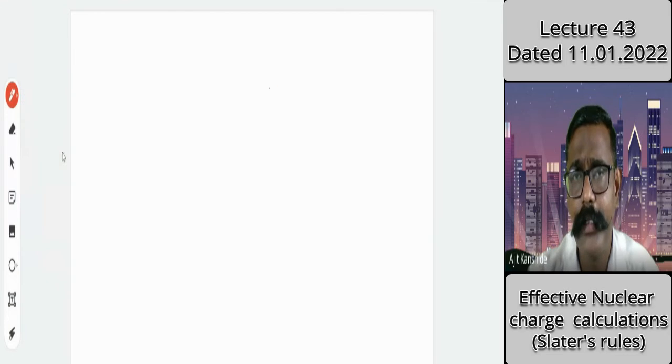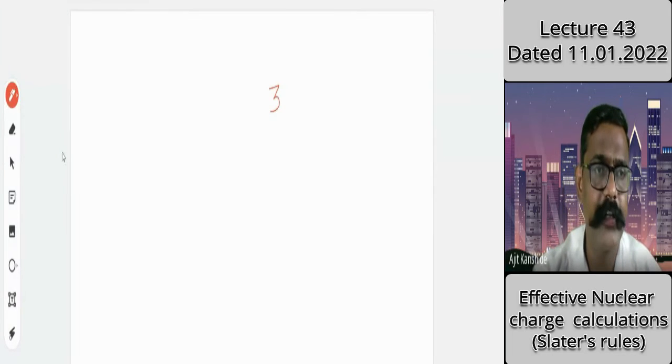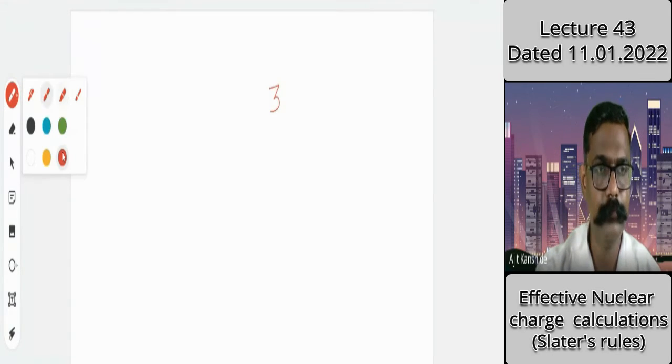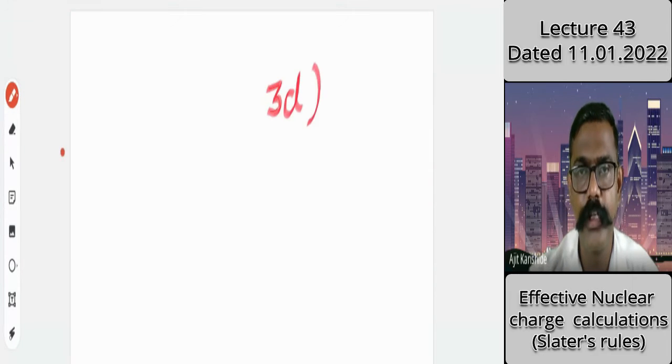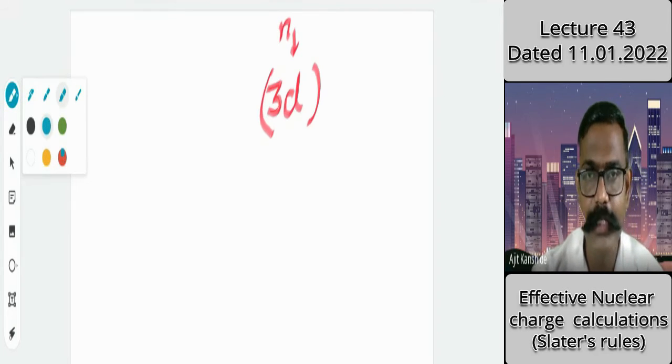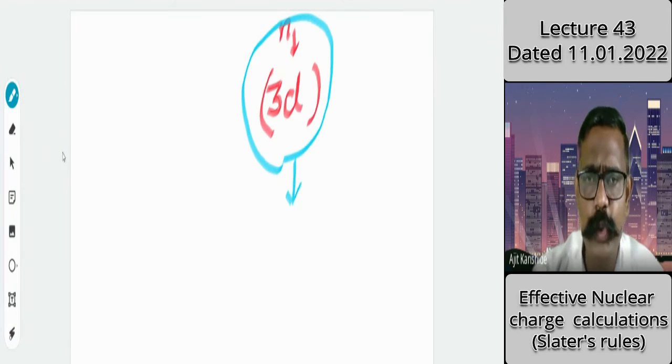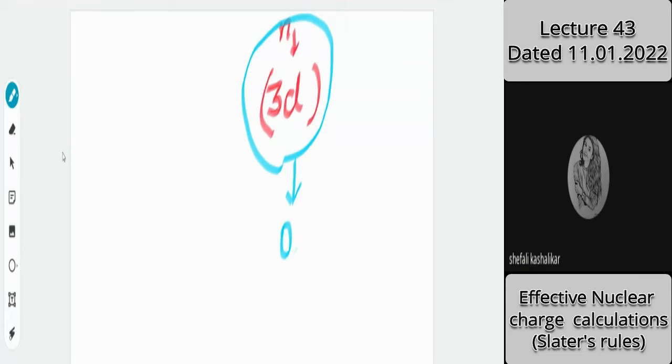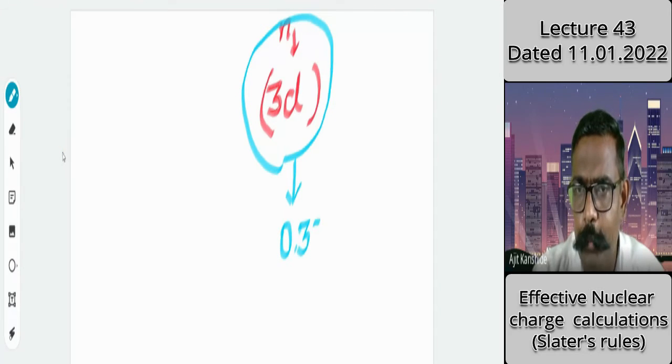Let me consider an electron present in, I write it with a thick pen, say 3d. Here the electron is under consideration. If it is in the nth group, then what is the contribution of neighbors in the same group? As usual, 0.35.